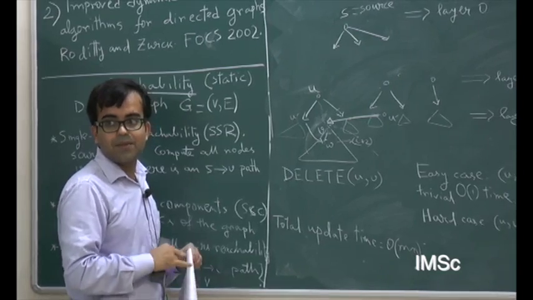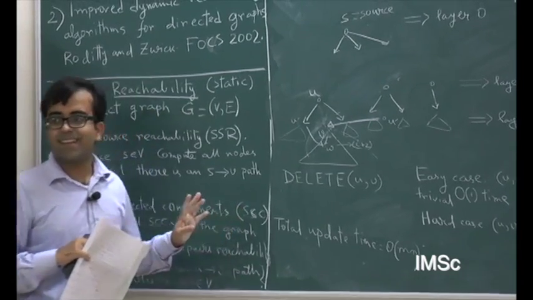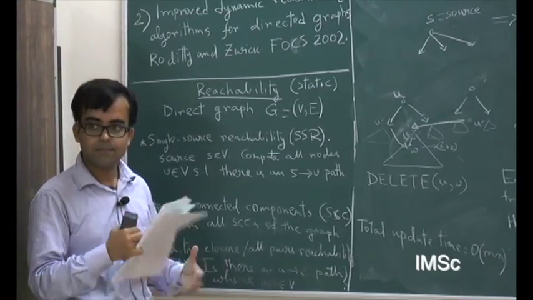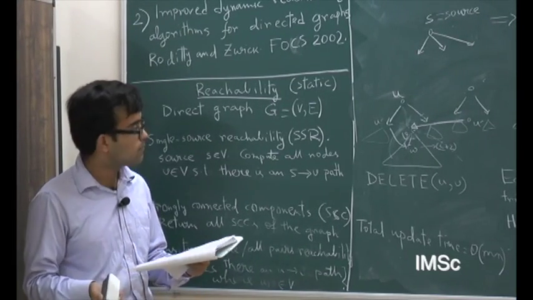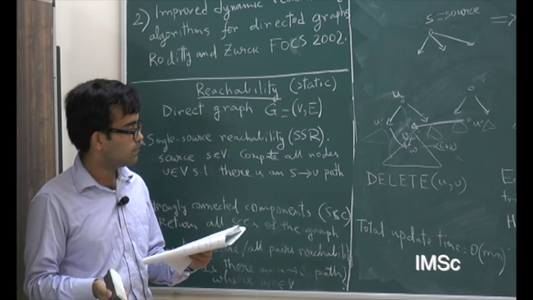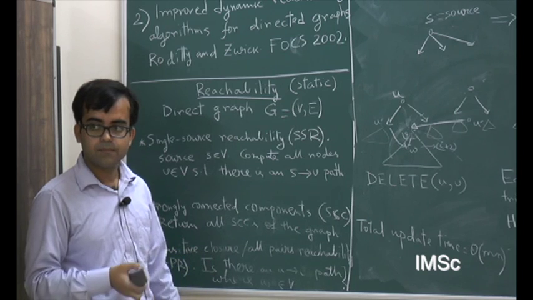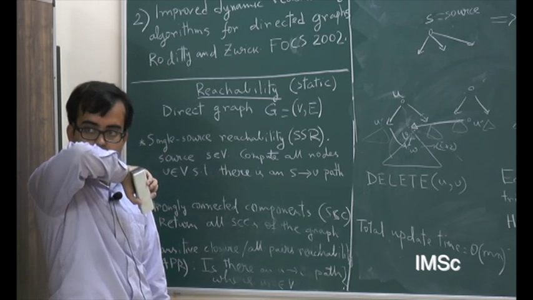Suppose there is still one case there. There is an edge from some of V's descendants to V, and then we can connect some of these children to the tree.